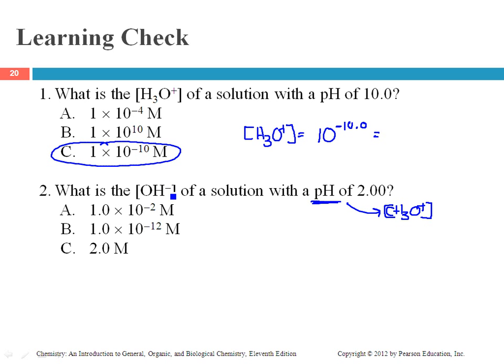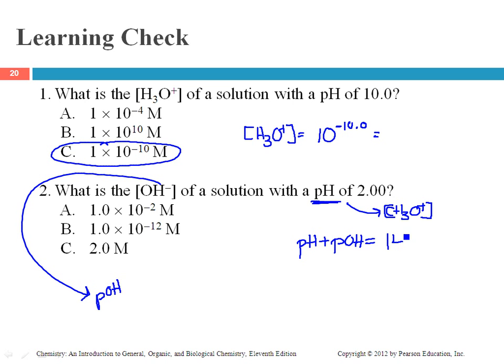But now we have hydroxide, which goes along with pOH. There are two routes you can take, but the route I use is this: I know my scale is out of 14, so pH plus pOH equals 14. So I subtract to find pOH.